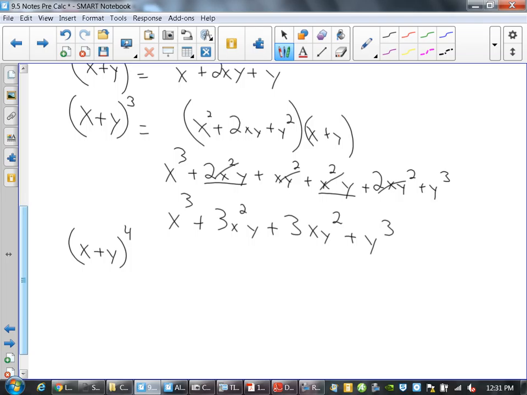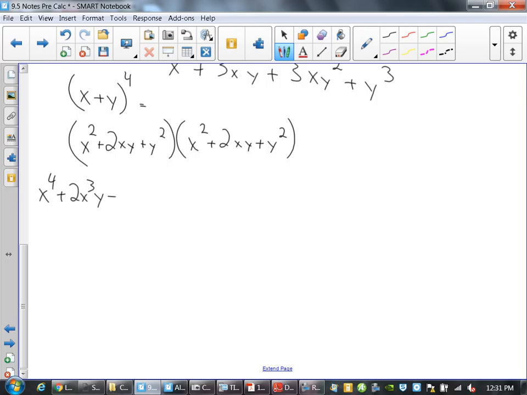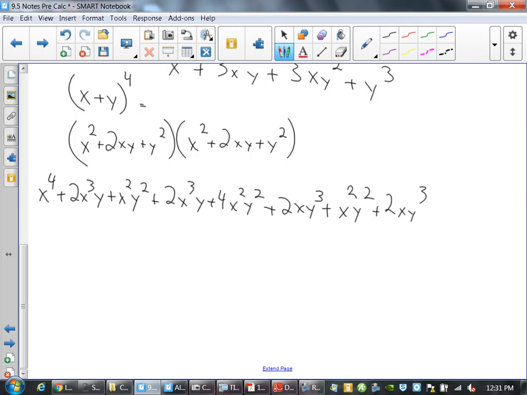So if I FOIL that out twice, I would get x to the fourth, 2x cubed y, x squared y squared, plus 2x cubed y, plus 4x squared y squared, plus 2xy cubed, plus x squared y squared, plus 2xy cubed, plus y to the fourth.